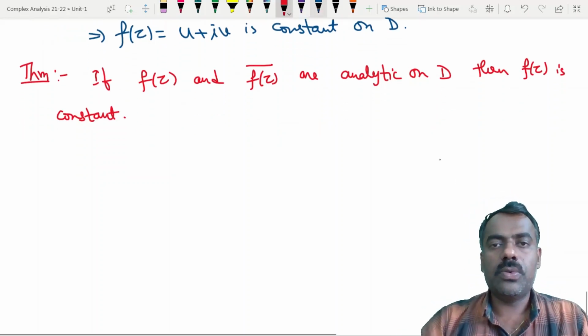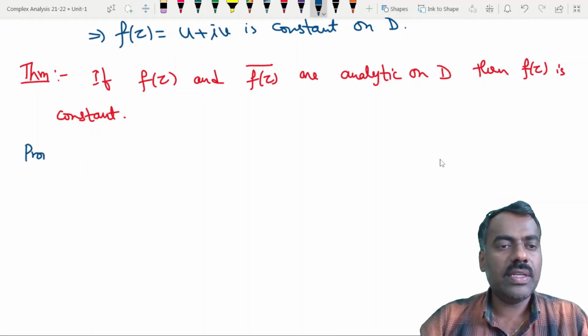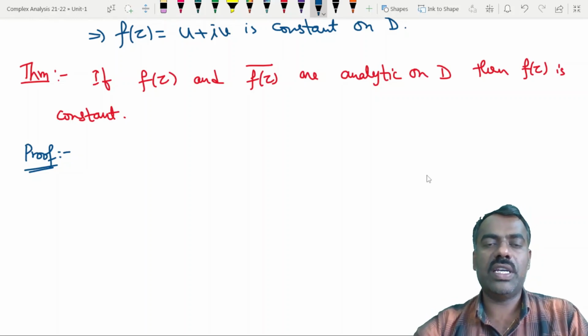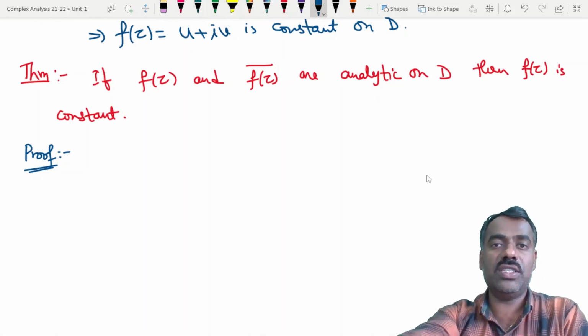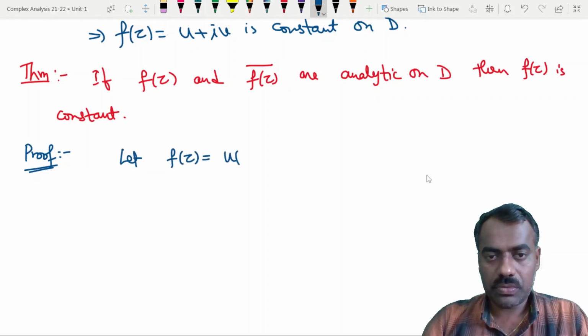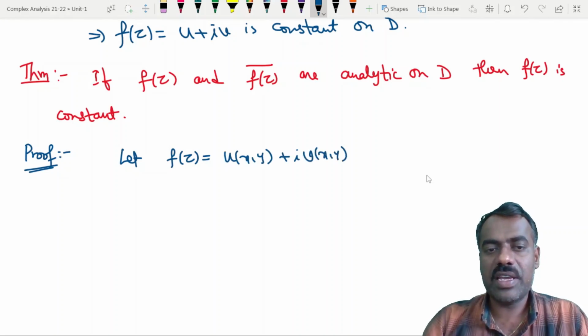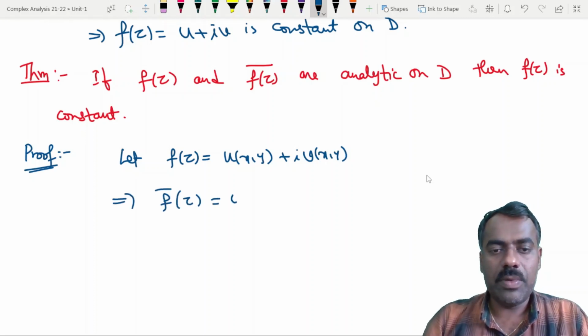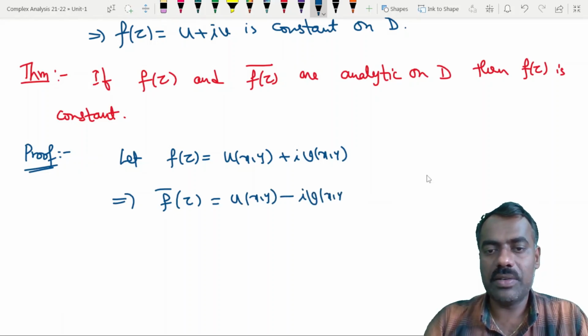The proof is not a difficult one. The idea is we'll use the earlier result; it is enough if we show that f'(z) is equal to 0 in D. For that, let f of z be denoted by u(x, y) plus i times v(x, y). Then f bar of z is obviously u(x, y) minus i times v(x, y).